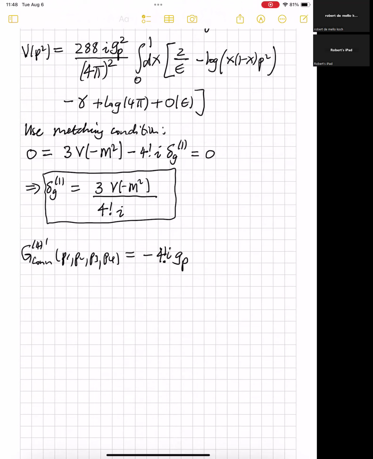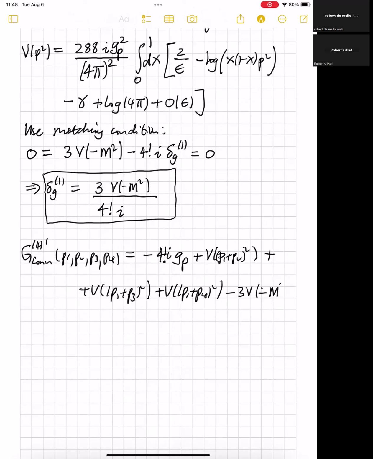And then we have plus V of (P1 plus P2) squared plus V of (P1 plus P3) squared plus V of (P1 plus P4) squared. Then plugging in the value for the counter term, we have just minus 3B of minus m squared.